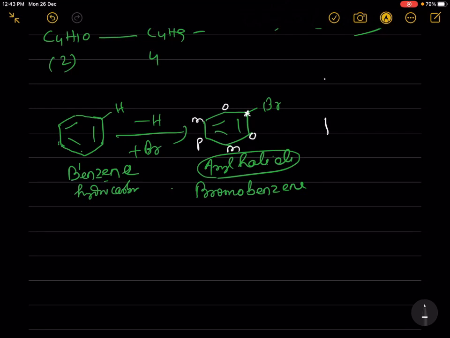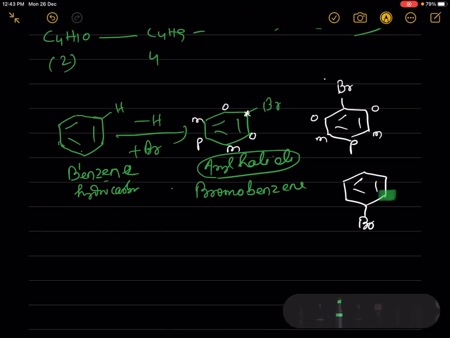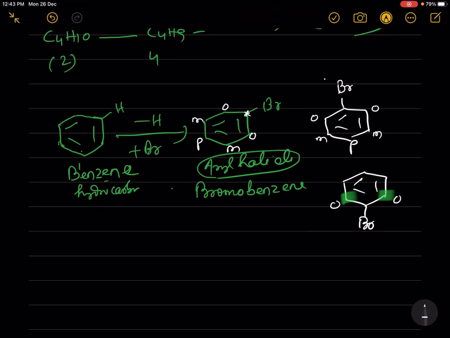If you write the structure like this, then ortho positions are these two, meta, para. Suppose you write the bromine like this, then these are ortho positions, meta positions, para positions. You see, number of para positions 1, number of meta positions 2, number of ortho positions 2.